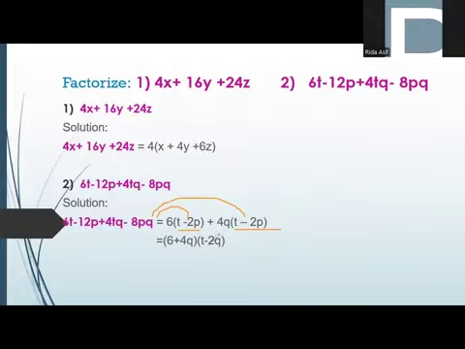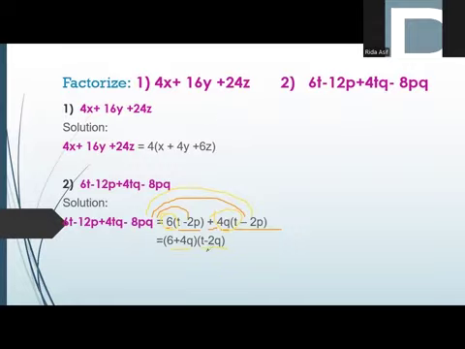If we take it out as a common, what will be left inside the bracket? We get only 6 plus 4q, and t minus 2p is the common factor. So after taking out common t minus 2p, we get 6 plus 4q within the bracket. I hope this is clear to you.